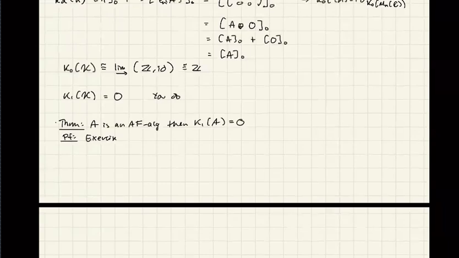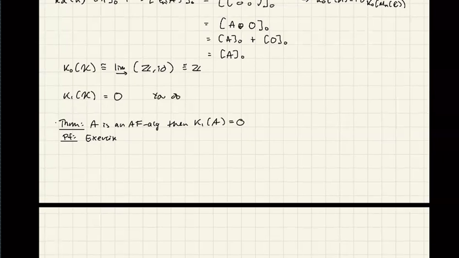But that gives us some information about the K-theory of this class of C-star algebras. Okay, so we can say even more about AF algebras and their K-theory. So last time, Rachel mentioned some things about why we should care about K-theory, and specifically one of them is K-theory is used in the classification of C-star algebras.